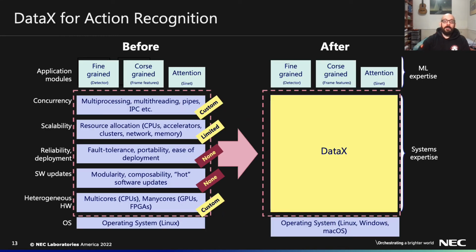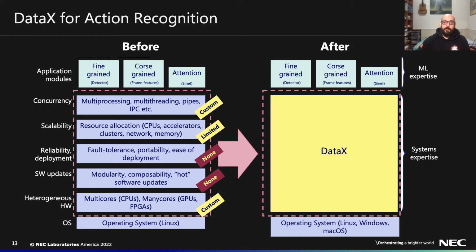So here, if we take a look at what the action recognition application was before and after porting to DataXe. First of all, at the top of our figure are the actual application modules, the business logic, which is exactly the same before and after, but the standalone application had to take care of a lot of system level problems.